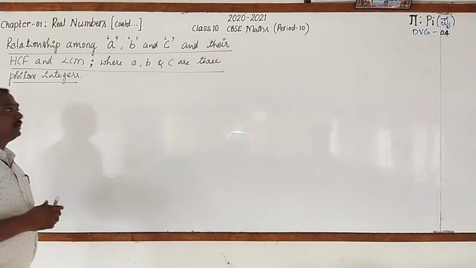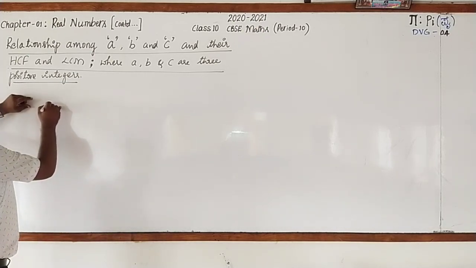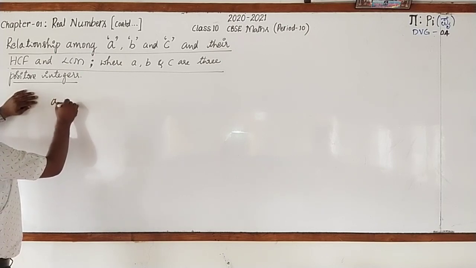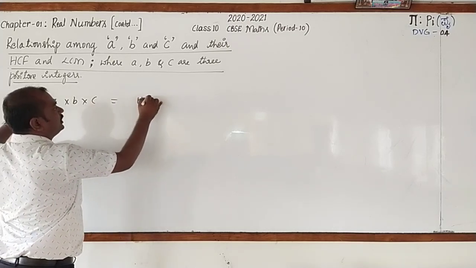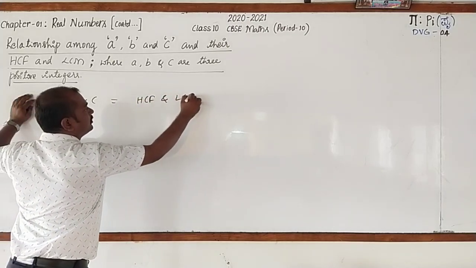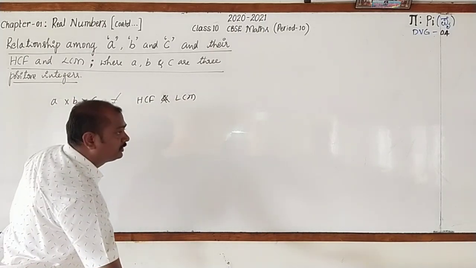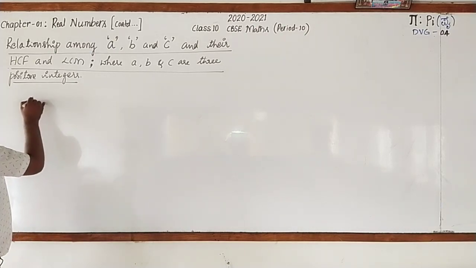Will you write the product A into B into C is equal to the product of HCF and LCM? No, it is not equal. Then what is the right statement? Look here.